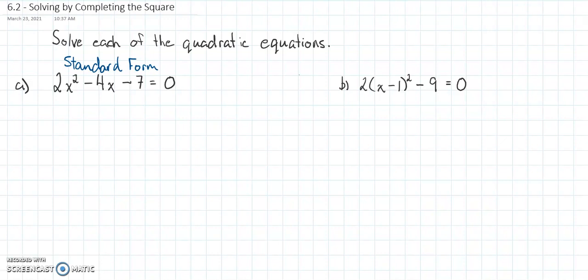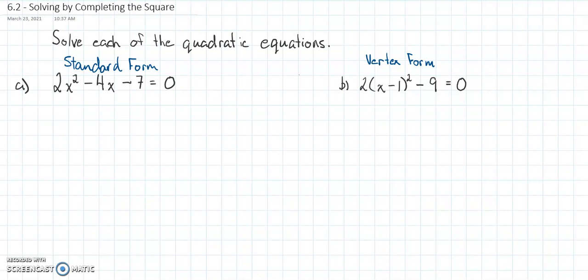And in part B, it's in vertex form. Vertex form is where you have one term, x minus or plus some constant, squared, times a number, plus or minus another number.